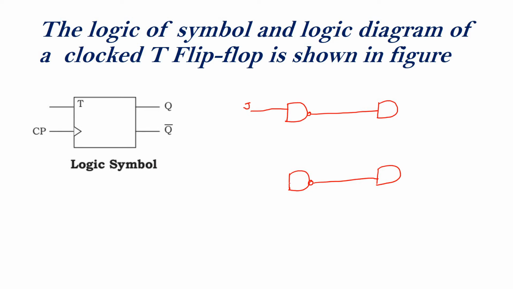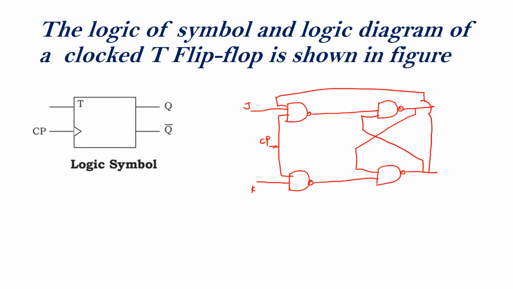Here J, K, and the output of the NAND gate, the second NAND gate is connected to this, and output of this is connected to here, and clock is given between these two, that is clock pulse, and then here take one terminal, and this is connected here, and take one terminal from here, and this is connected to the second NAND gate, and J and K connected together, and here T is given.